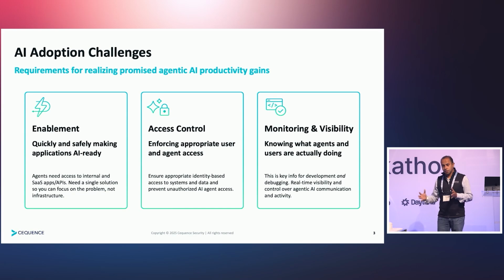And then there are others where rolling out MCP servers is part of their roadmap, but other things are taking priority. So in those cases, you have to rely on some open source stuff or things that you can't trust, but your data actually needs to flow through it. Enterprises are looking to quickly and safely enable their applications for agentic use. So that's the number one challenge that we see in the enterprise.